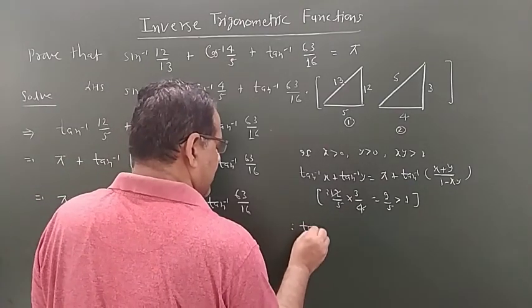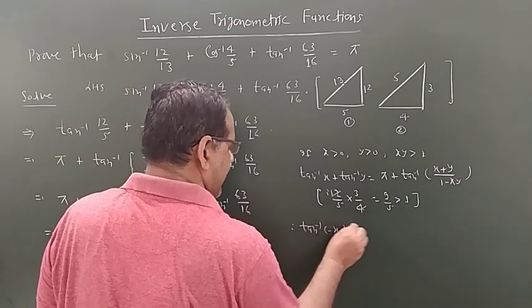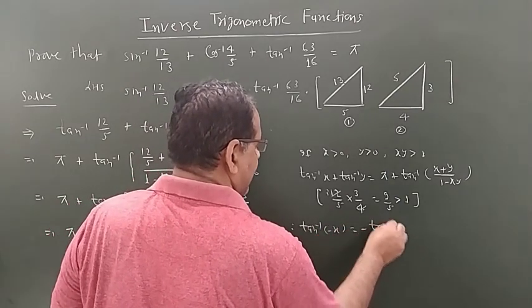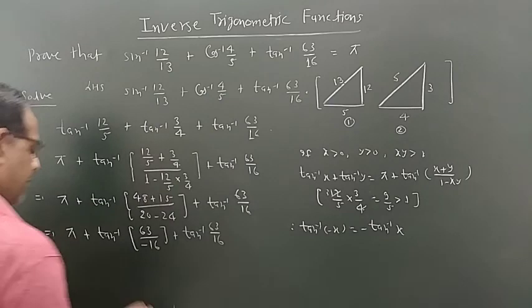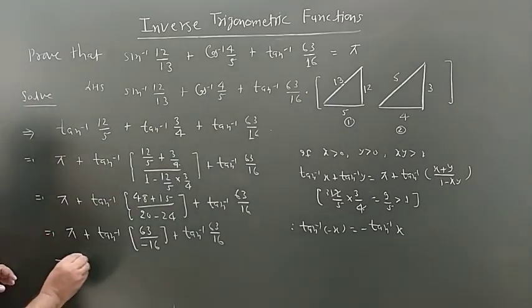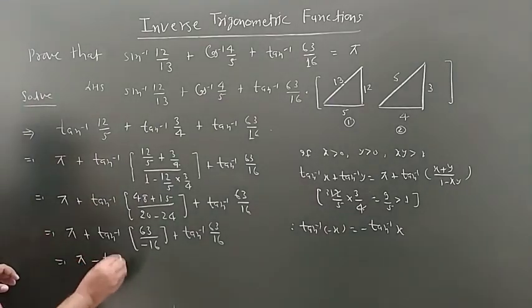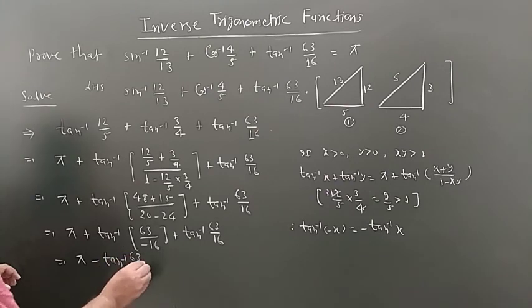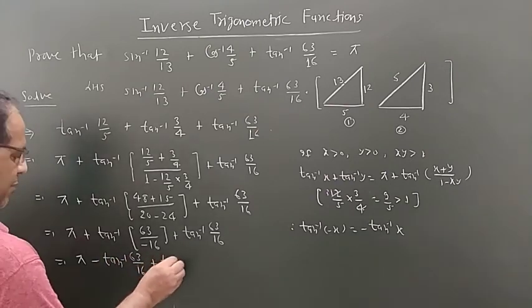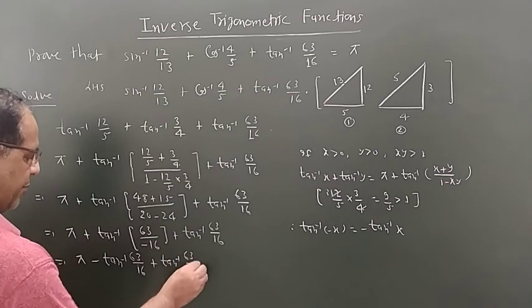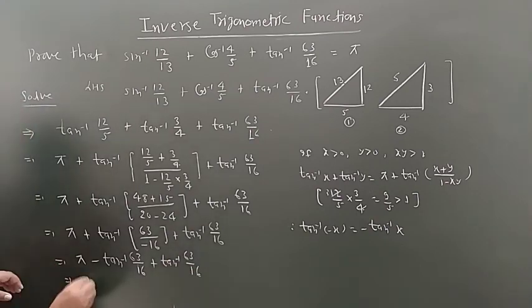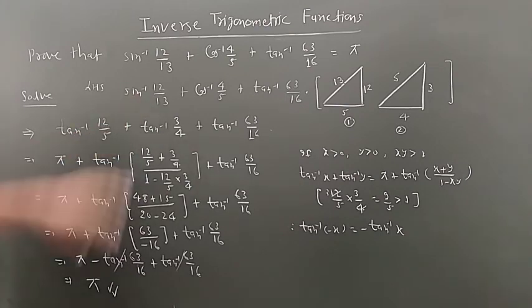Again, tan inverse of minus x equals minus tan inverse x. So this becomes pi minus tan inverse 63 upon 16 plus tan inverse 63 upon 16. These cancel out, so you have only pi. So this is the second method of solving this type of question.